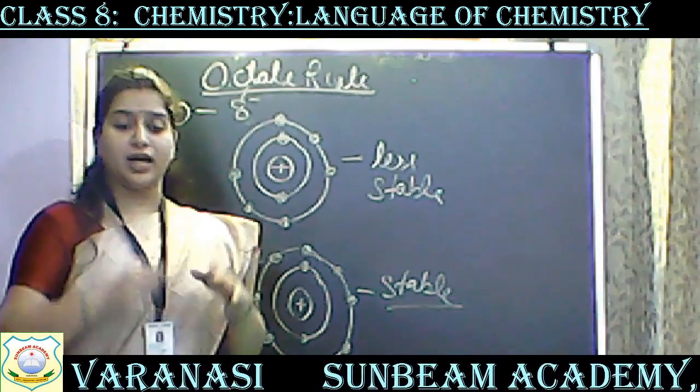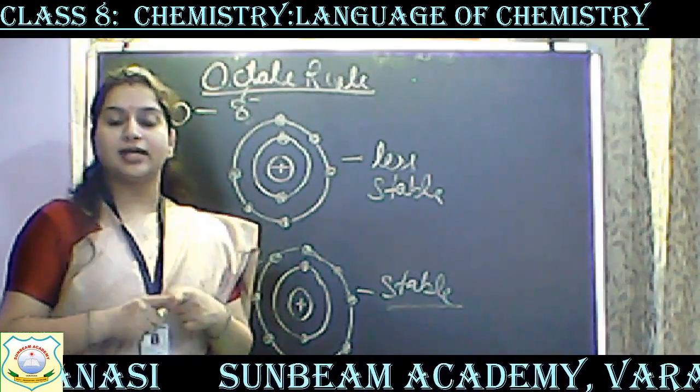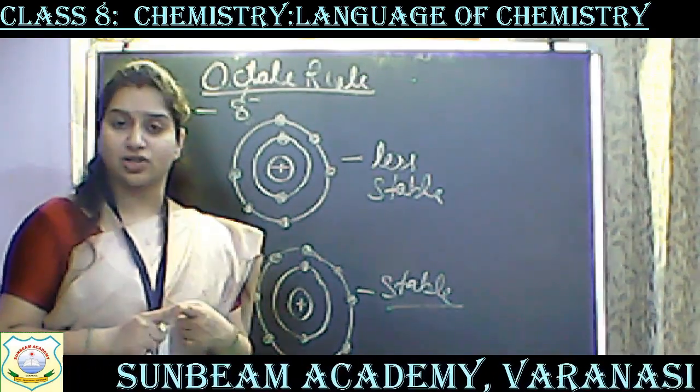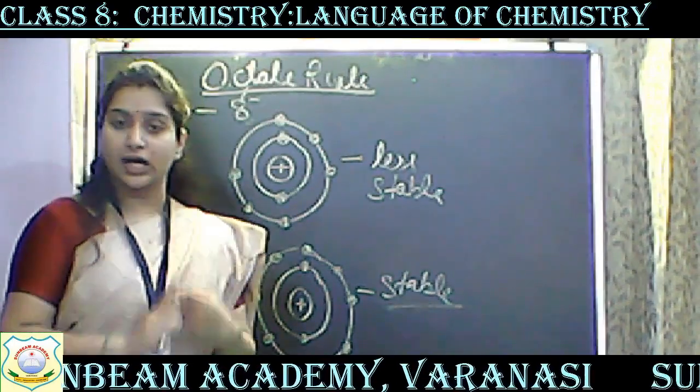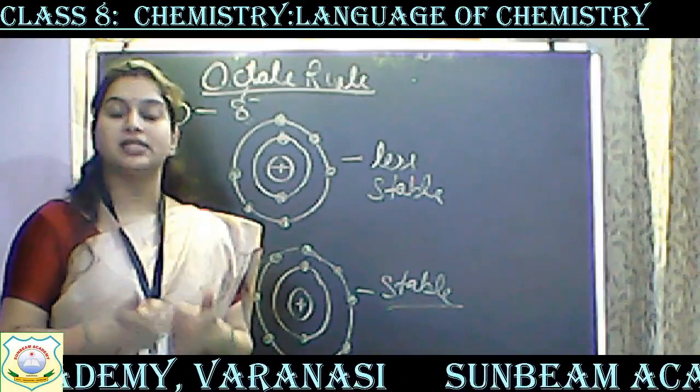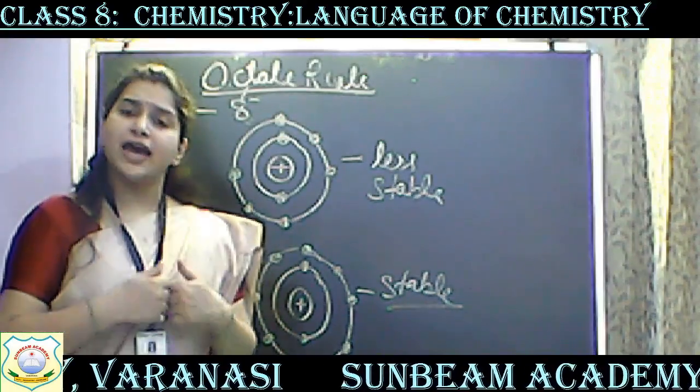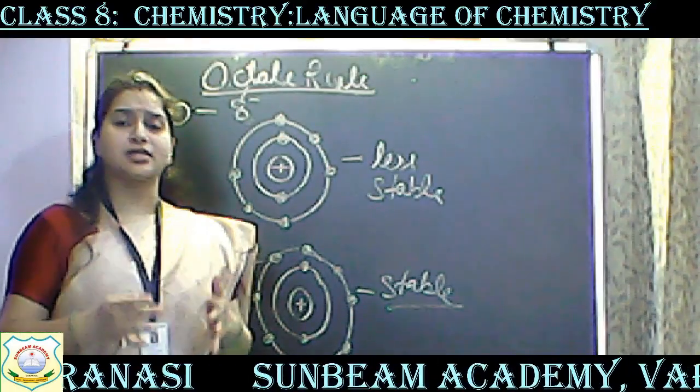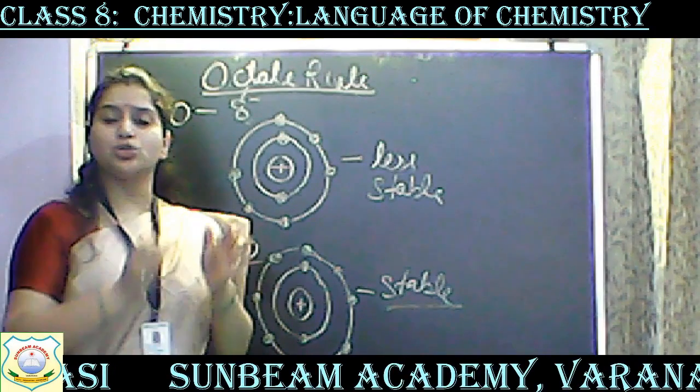Even if we are taking the third shell, which can have a maximum of 18 electrons, if it has 8 electrons in it, we will consider it stable. Got it? Every element is working towards its stability.